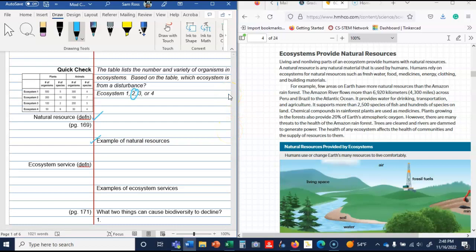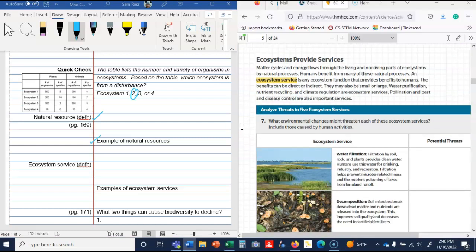And then it says ecosystem service definition. I believe this is actually on the next page, page 170. The definition of ecosystem service is any ecosystem function that provides benefits to humans.